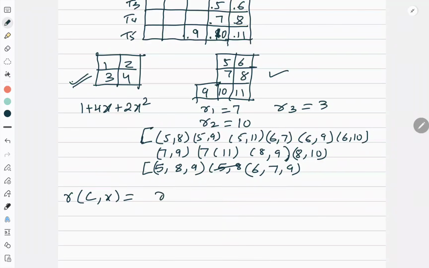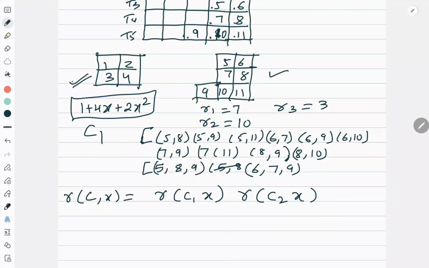So now what is my Rook polynomial for the board? It is equal to R C1(x) into R C2(x), where this is your C1. I have not written the Rook polynomial of this, let me write down C2. So the C2 polynomial is 1 plus 7x plus 10x square plus 2x cube. We have 2 triples only. So R3 is 2x cube.